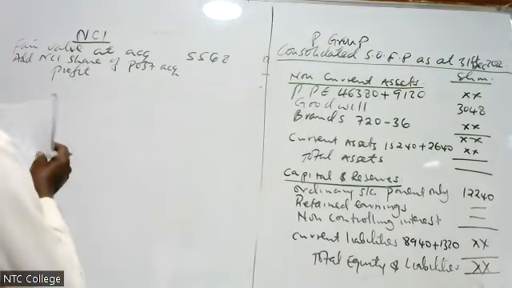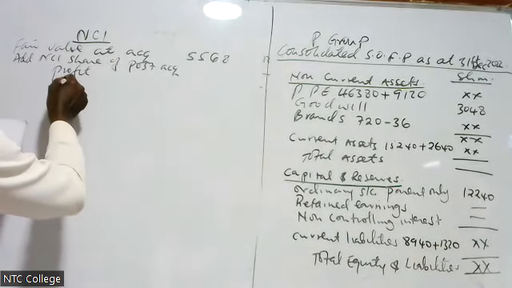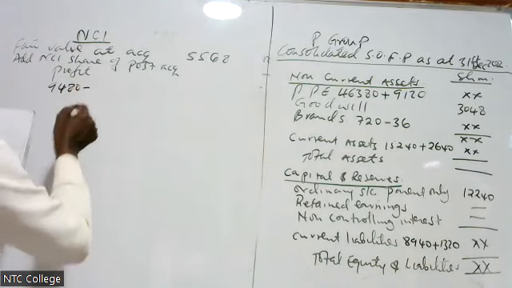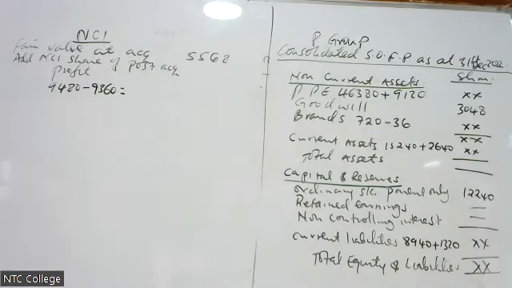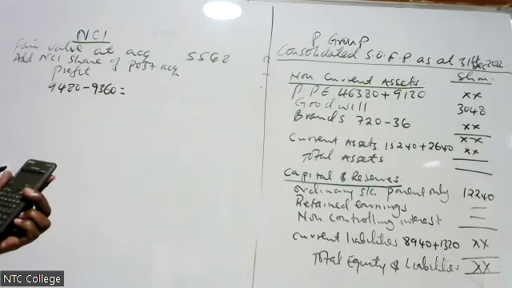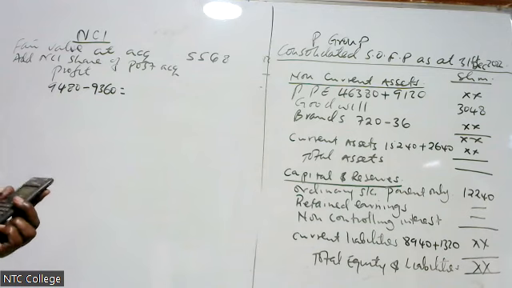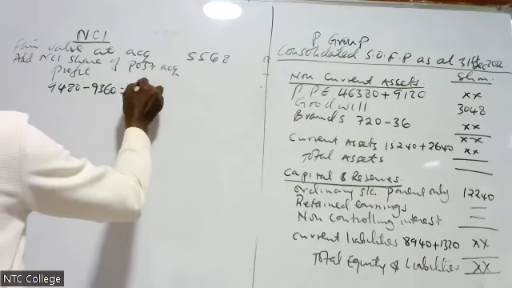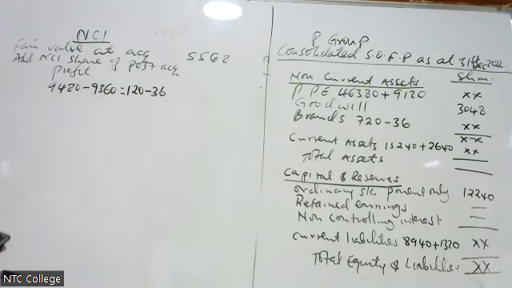Out of this, I'm taking the profit in the balance sheet, 94.80 minus 93.60. I get post-acquisition profit of 120. Then I less 36 amortization.